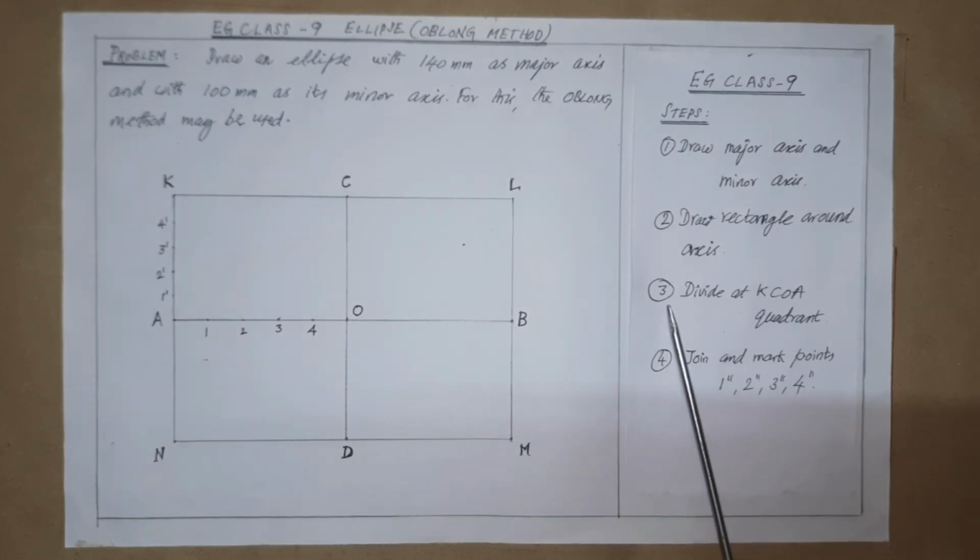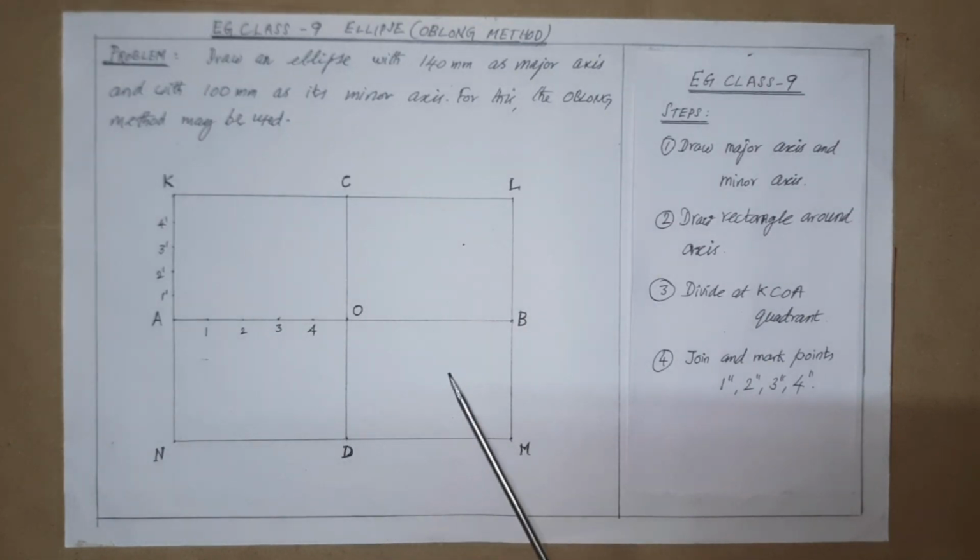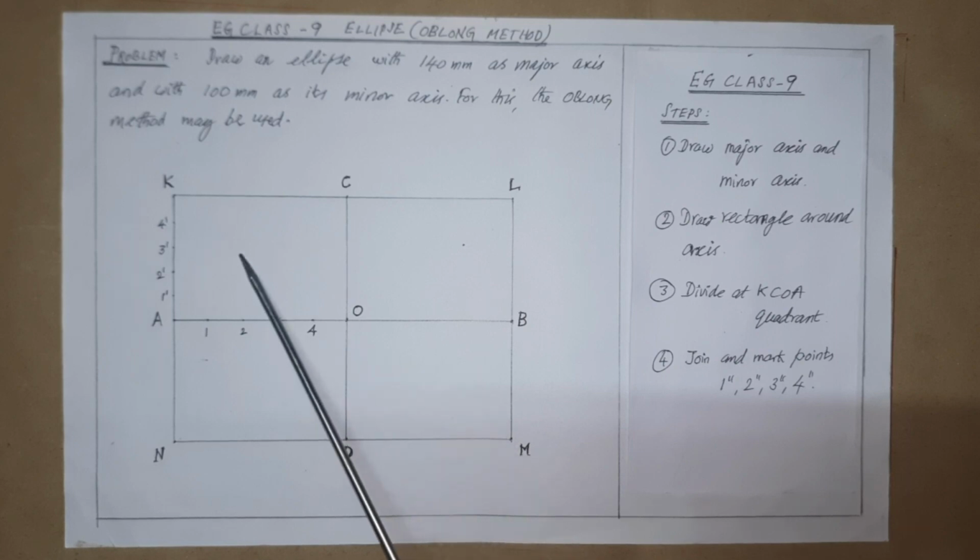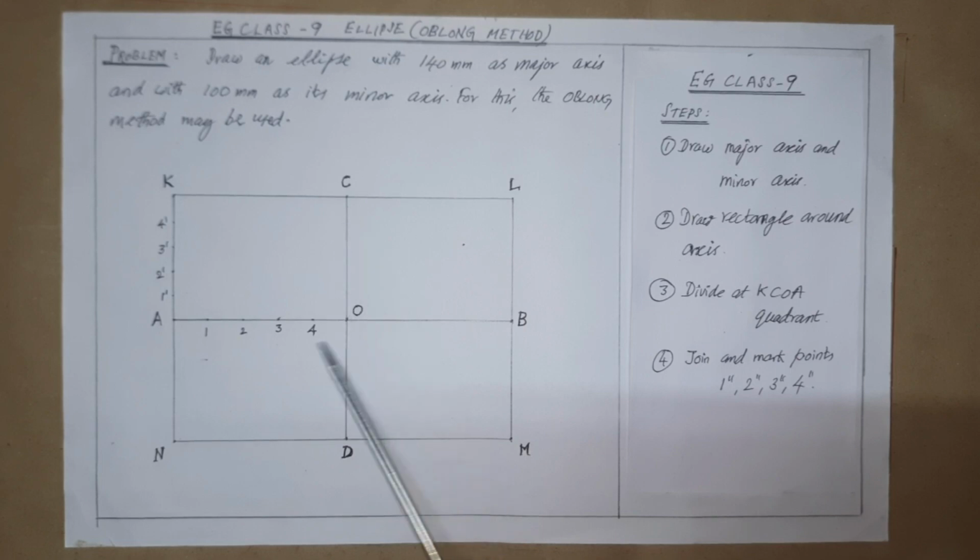Then for step 3, generally all the four quadrants are to be divided into various divisions like in other problems done earlier, based on the requirement to find the elliptical path. So, first we divide and use this quadrant area KCOA.